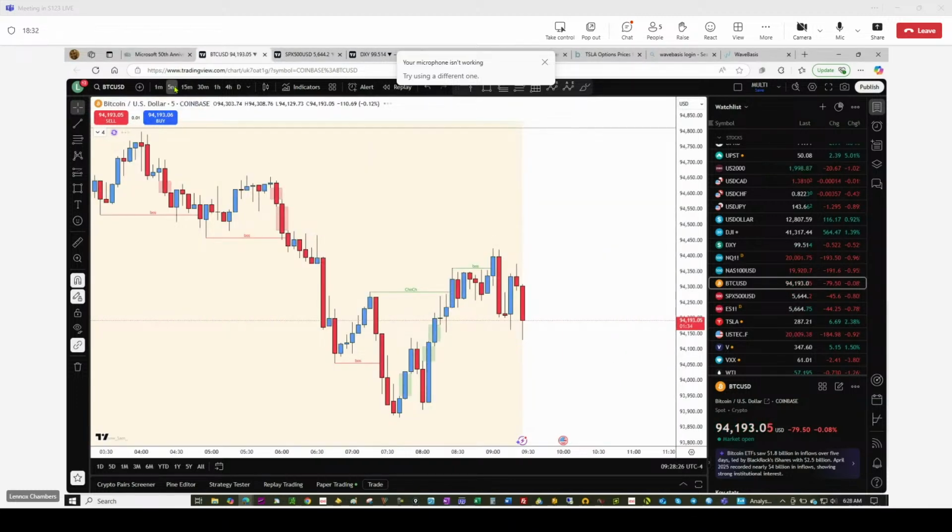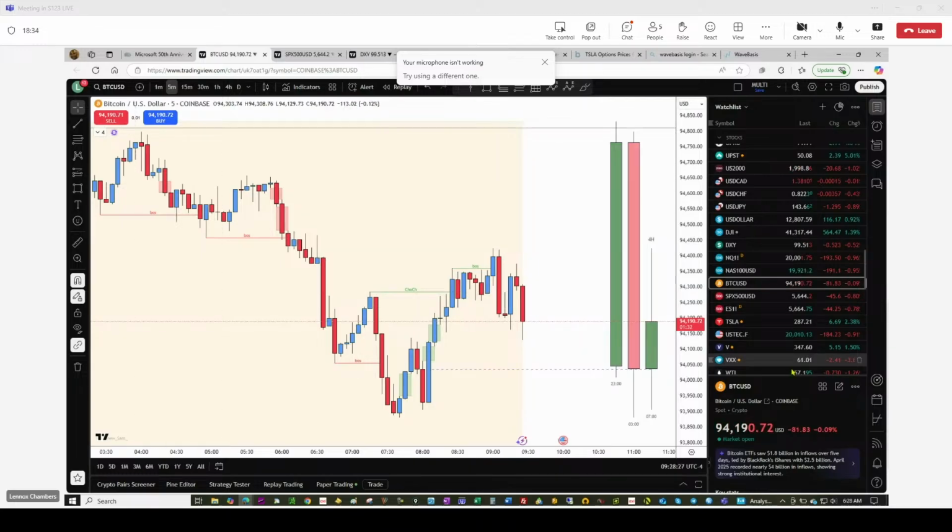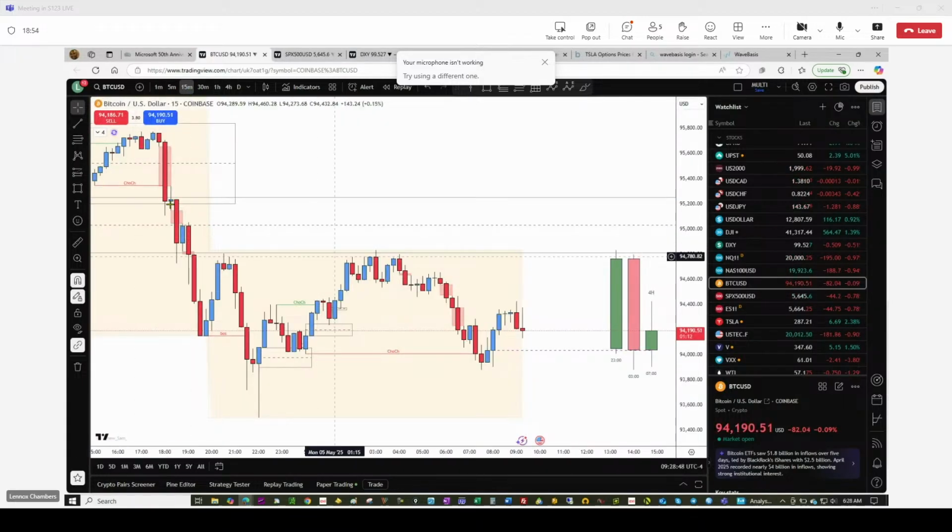On 5 minutes, that's what we look like. You can see with Bitcoin, we have a beautiful 1, 2, 3 top, and we're heading to the downside to take out these lows at this point. All right, I got another minute and a bit before the market opens. I'm going to go back to the 15 on Bitcoin. I'm going to mark off any gaps.